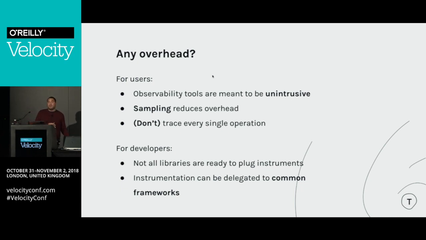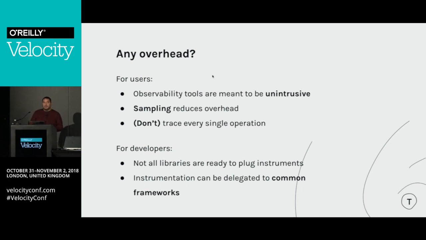And if you have custom frameworks, like your own HTTP client or your own server library, you can write instrumentation for it, but only for the common components. So you don't have to write that code for every single service, just for the common libraries, right?